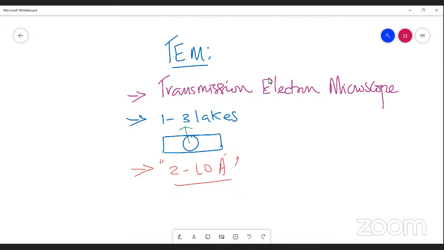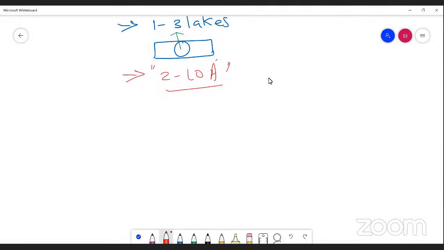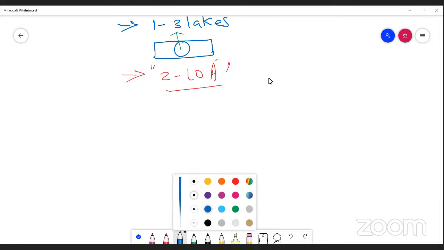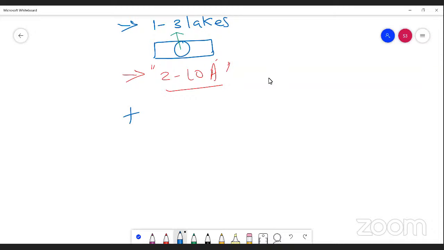Now, what is the use of this electron microscope? It consists of an electron generating system, a condenser, and a projector or screen. So I want to mention here the components of an electron microscope.